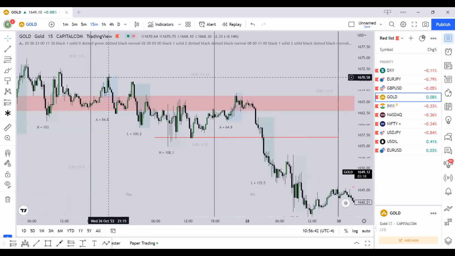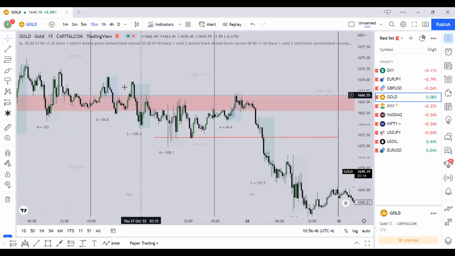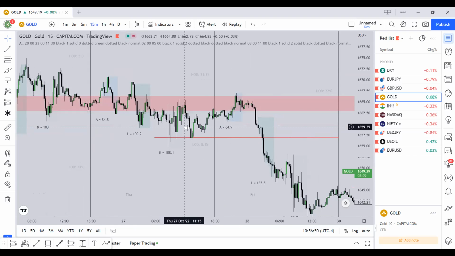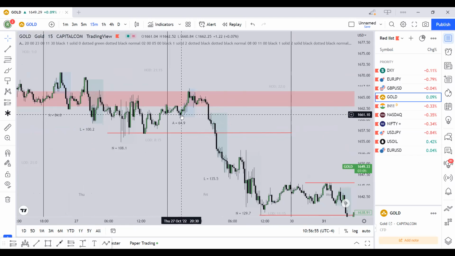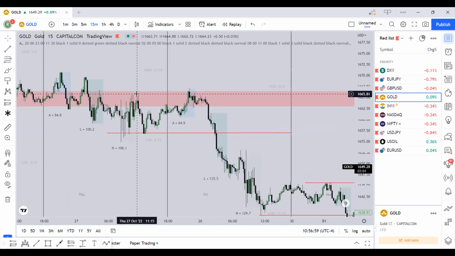So here again, Asia dumped the market, the market pumped up in London, dumped again, and the market consolidated to the end of the day. What happened the next day? The market again rises into Asia, taking out all the highs, because those guys who are selling from these levels, obviously their SL would be here.